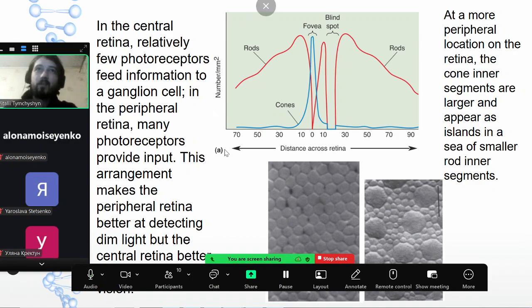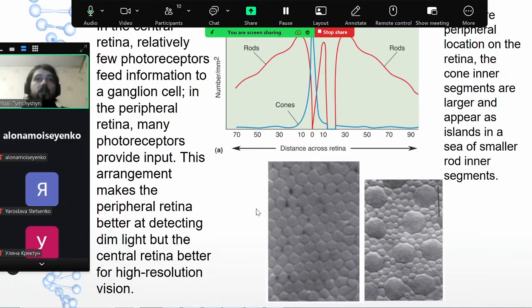Well, yeah. Here you see a plot that tells us the number of rods and cones in different parts of the eye. So in the central retina, relatively few photoreceptors feed information to a ganglion cell. In the periphery, many photoreceptors provide that input. So this arrangement makes the peripheral retina better at detecting dim light, but the central retina better for high resolution vision.